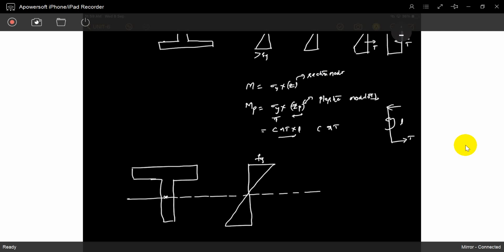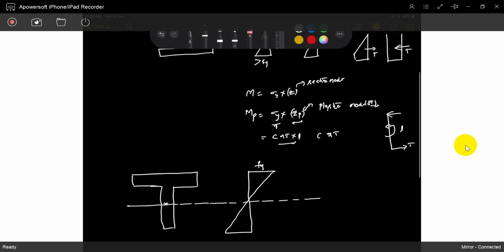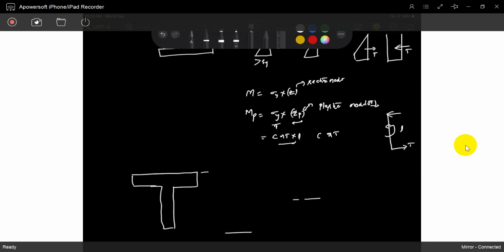For better understanding, the area is highest at the top, so CG is not at mid-height. How can you find the CG? Center of gravity, area moment. Maybe CG is here.